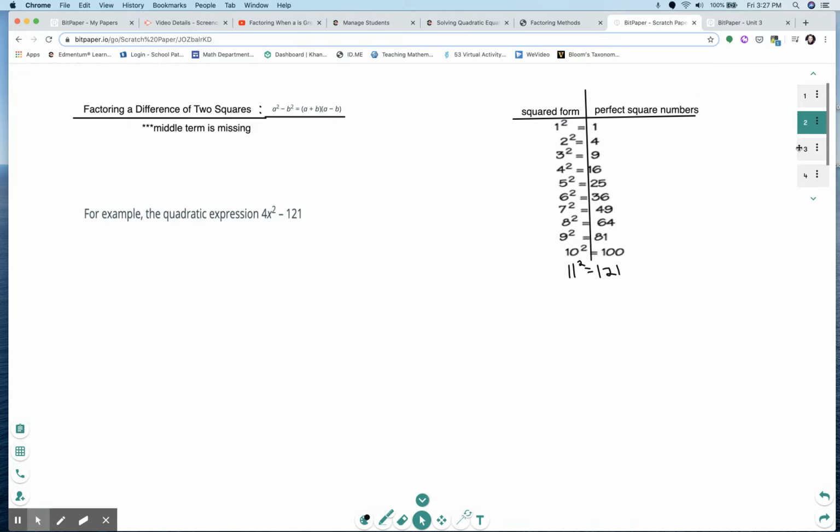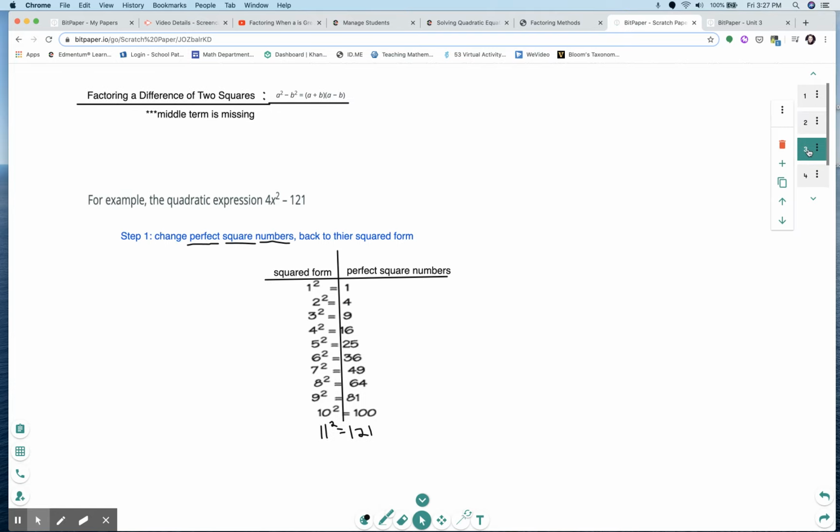Now that we've reviewed that, I'm going to use these titles or names to move forward. This side is called perfect square numbers, and this side is called the squared form. That's just my own lingo; it's not official. Okay, step 1: change perfect square numbers back to their squared form. I'm going to rewrite the problem we have, which is 4x squared minus 121.